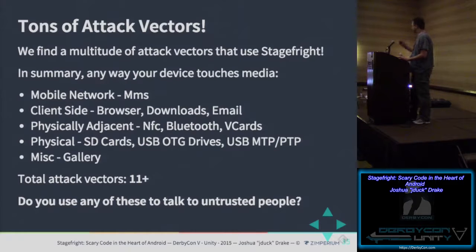Physical stuff, like I mentioned, the SD card, but also USB over MTP. So that's the default mode in Android for USB since, I think, 4.0. Before that, it was like some really weird stuff where it was USB mass storage, and it was odd. They didn't like that. I didn't like that. But anyway, if you copy a file over MTP to the device, it scans it after it's done.